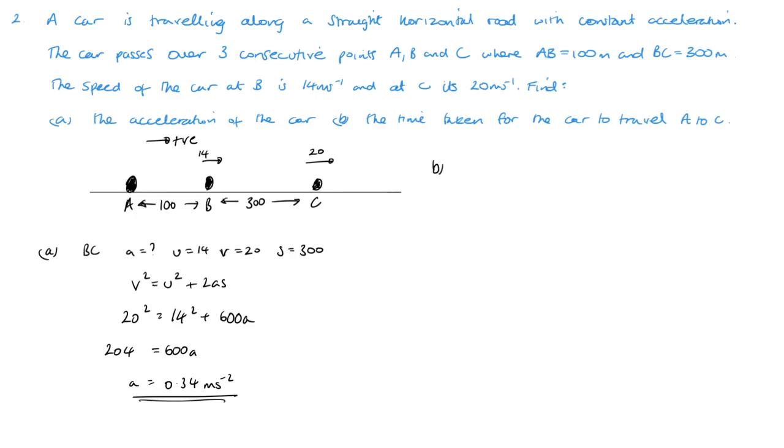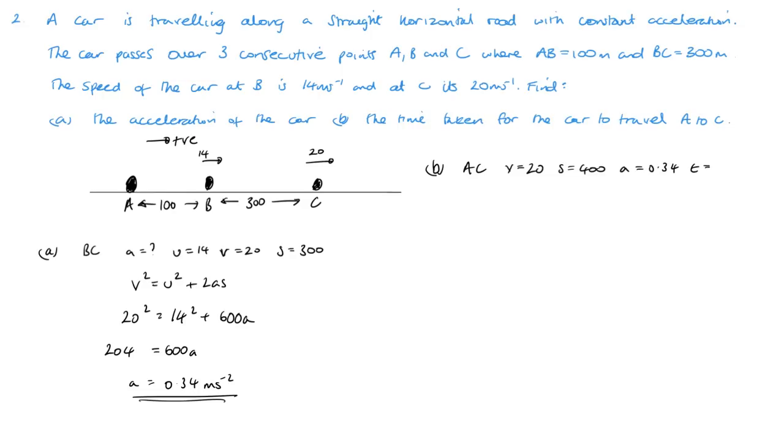Now, part B, we need to go from A to C now. So in this case now we don't know U. Okay, we know V is 20. We know that S is 400. We know that A is 0.34.